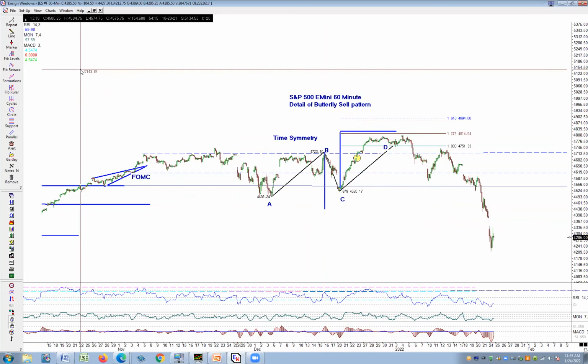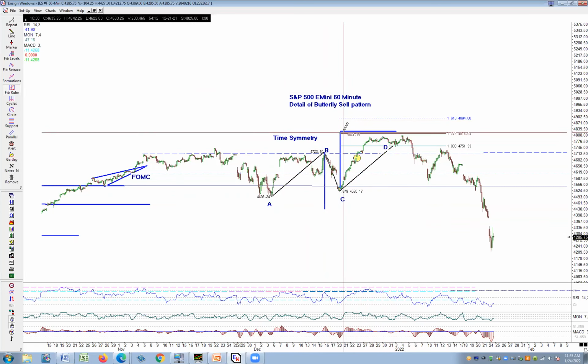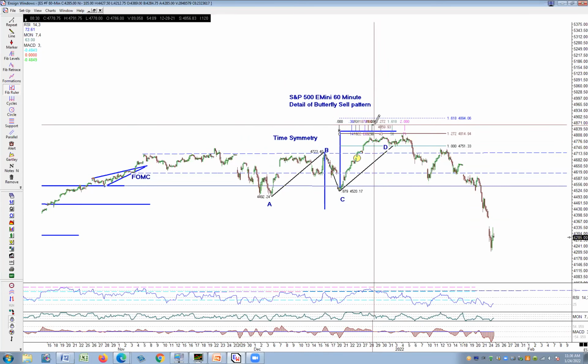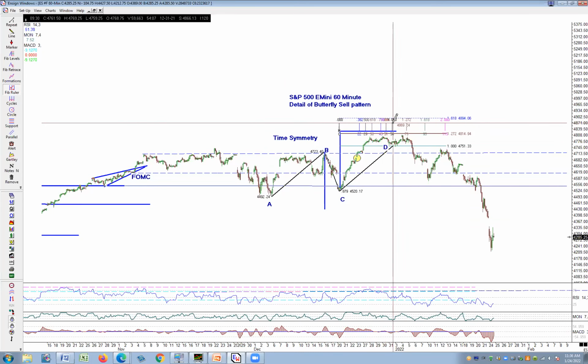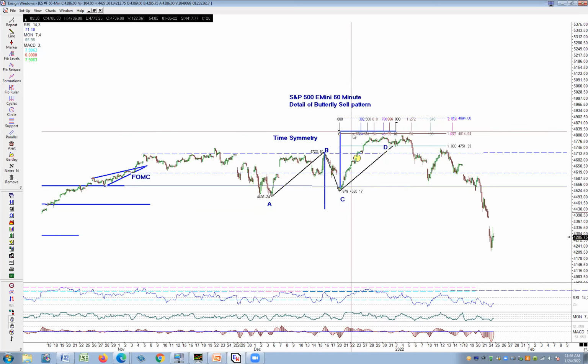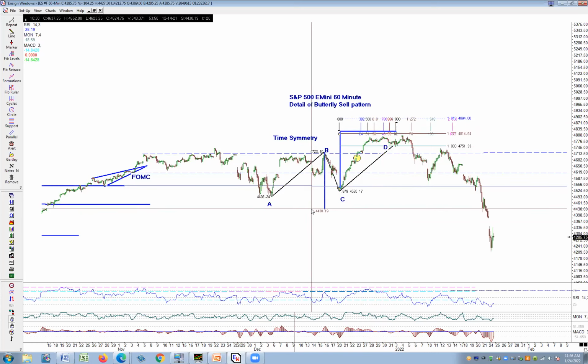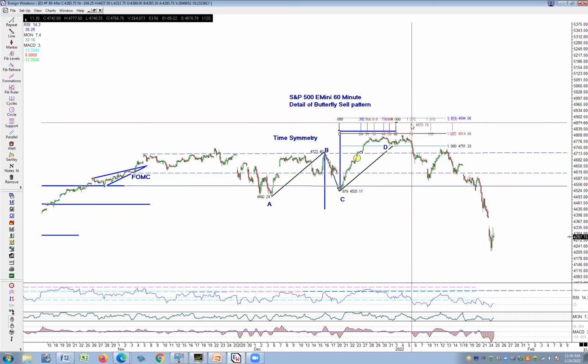Move that up so we can see it a little better. So here, I'm just going to put the fib ruler across that time representation. That represents right here to the 0, the same amount of time is here to here. And here's the 127.